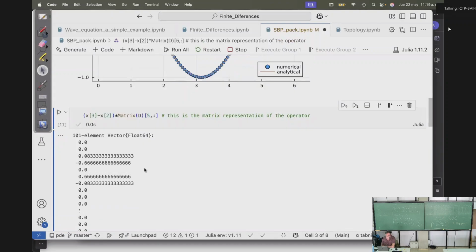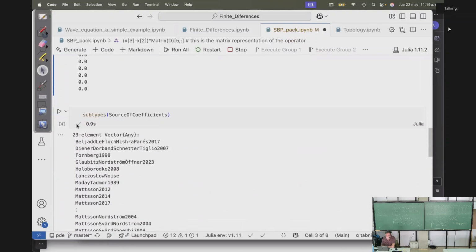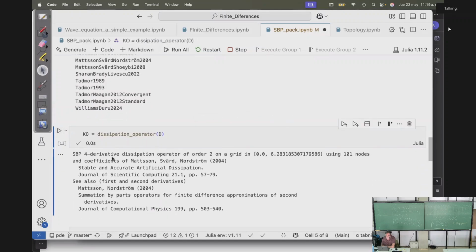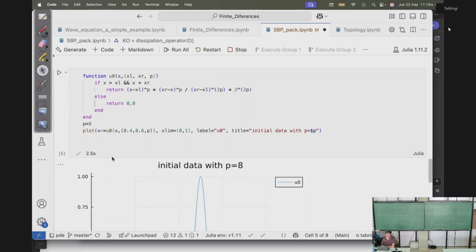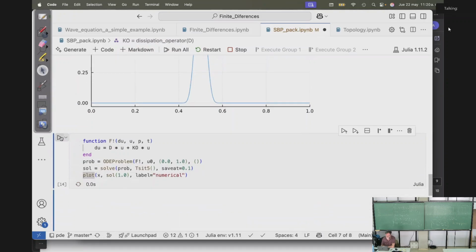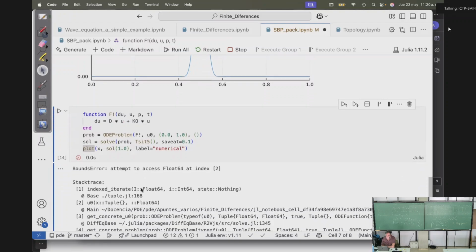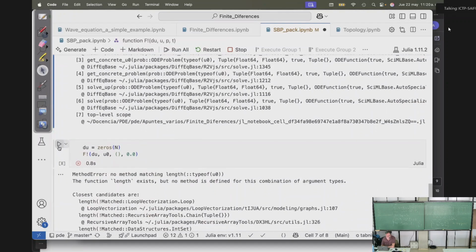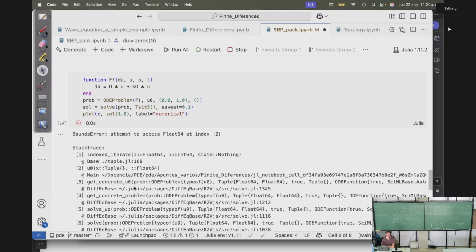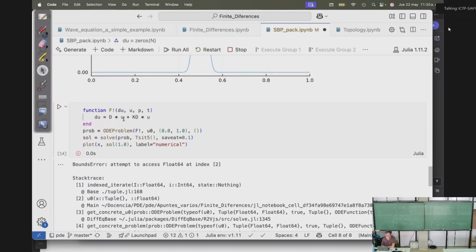So this works okay. So it was okay. Let's try this in here. It doesn't like the function.